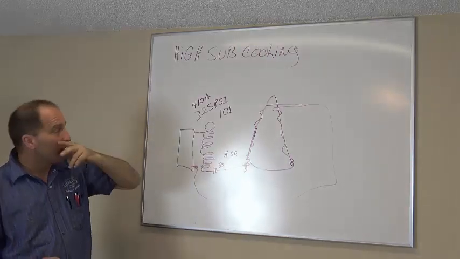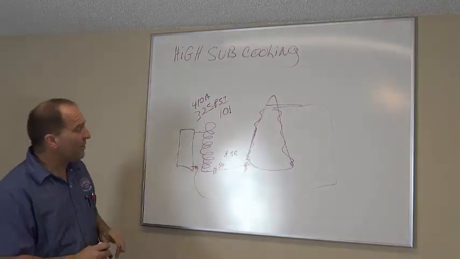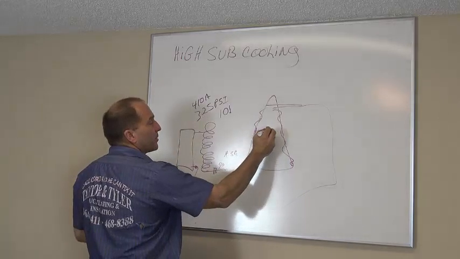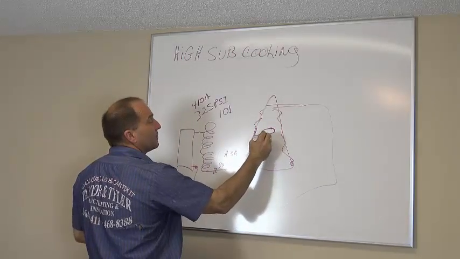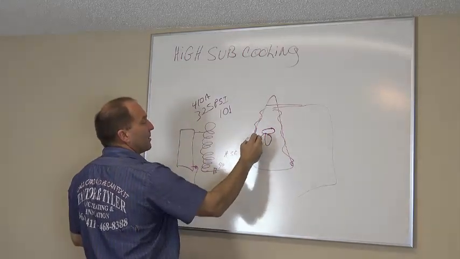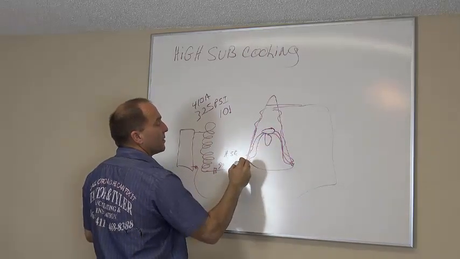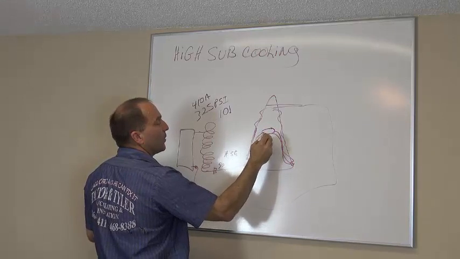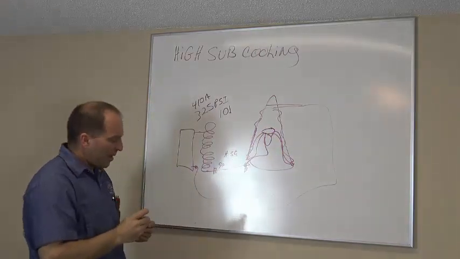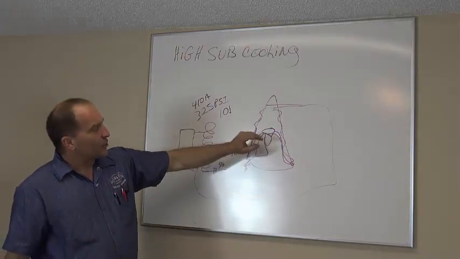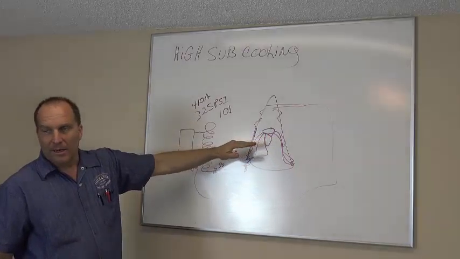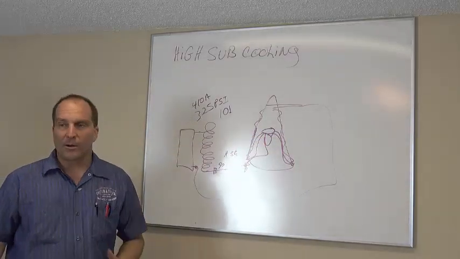Okay? So if I've got a TXV, here's my TXV. That TXV is feeding my feeders in here. So that liquid line comes up, boom, feeding all that stuff. If that TXV is restricted, and I go to that system, what am I going to find?